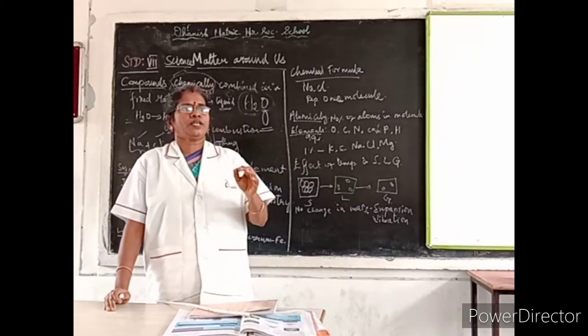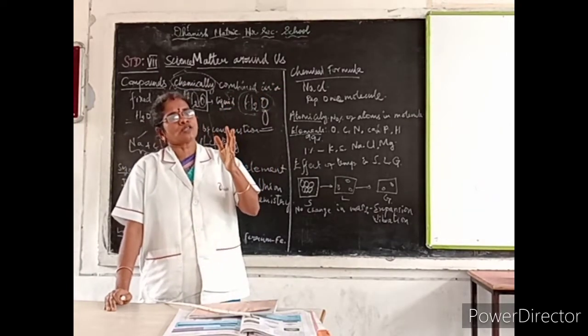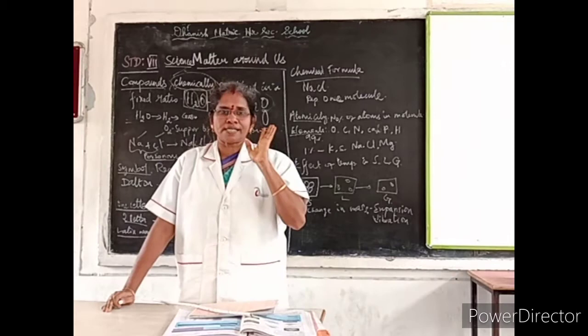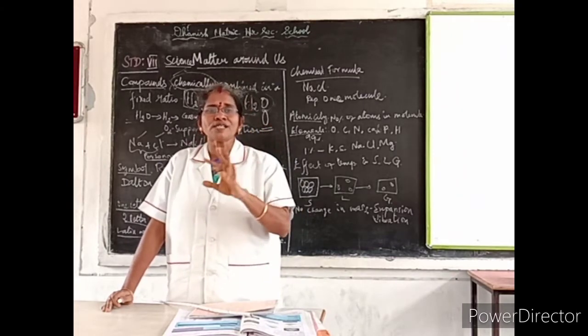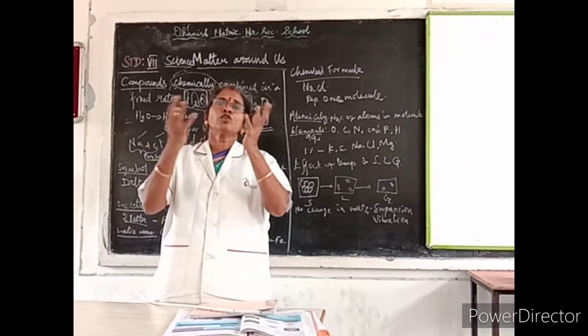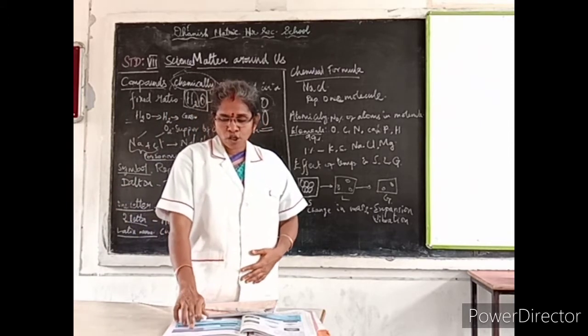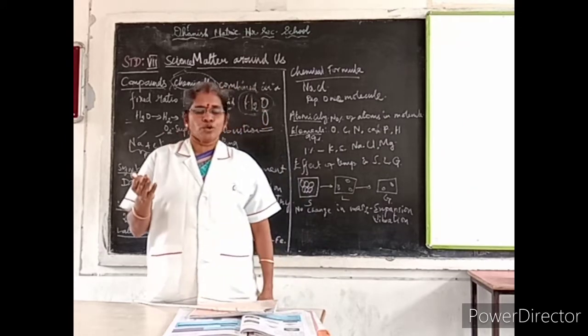Hydrogen, sodium, chlorine, these are all names of elements. All the elements are the simplest substance. But compounds are not the simplest substance. A compound is a chemical substance formed by the combination of two or more elements.